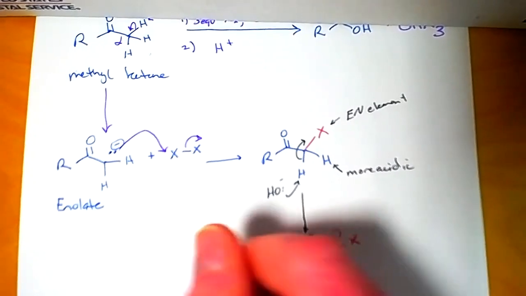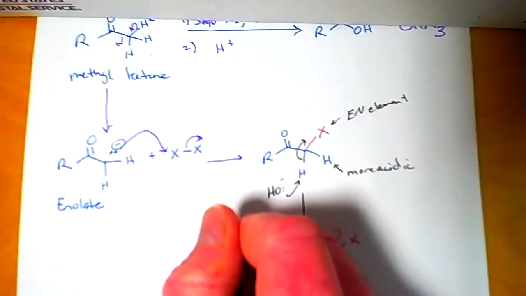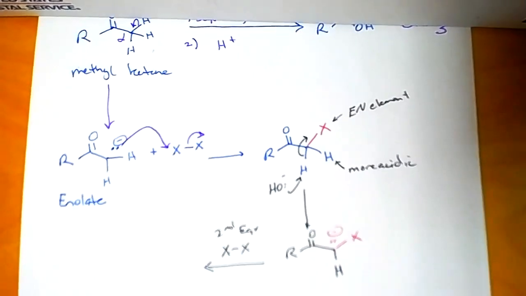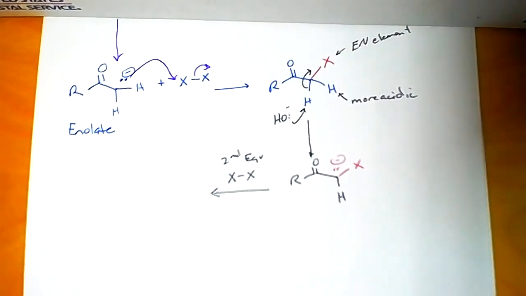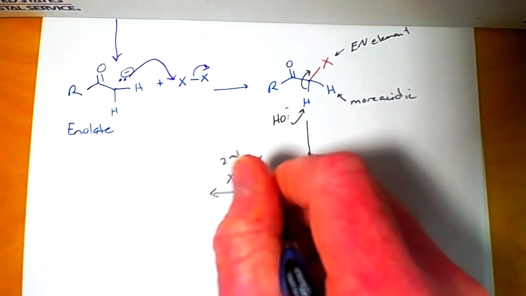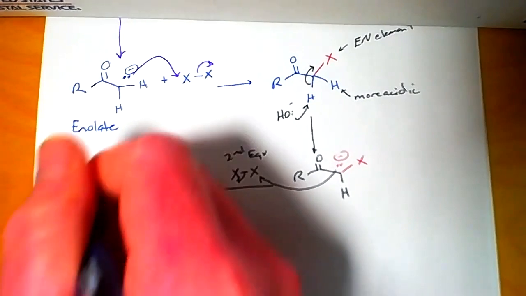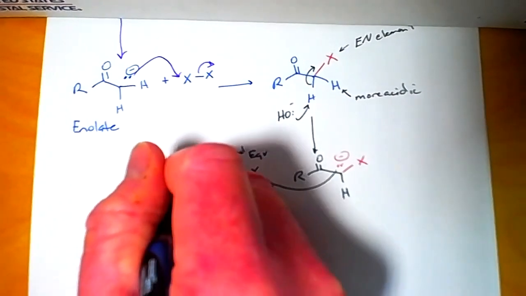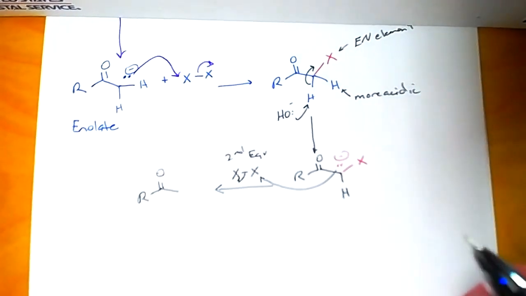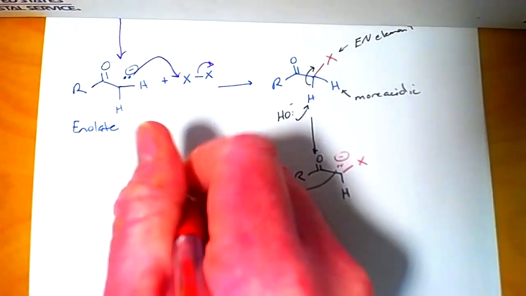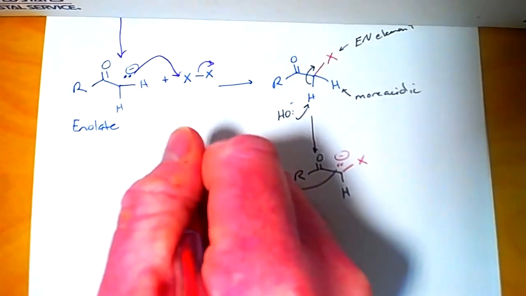And so now you're going to have your second equivalent of your halogen. That will be able to add in. And so now you will have two X groups here.